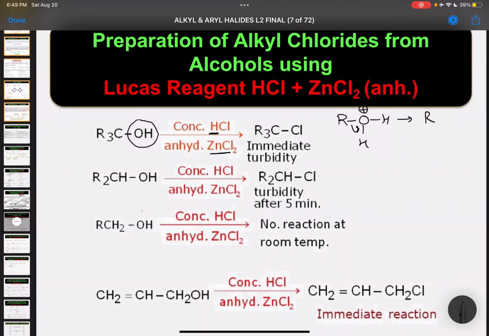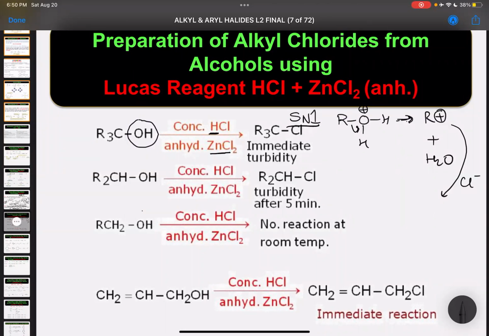So you get R plus and H2O, and the R plus will be attached to Cl minus. This is a difficult step, the formation of R plus, because you're breaking a bond and forming an unstable intermediate, and this mechanism is SN1.